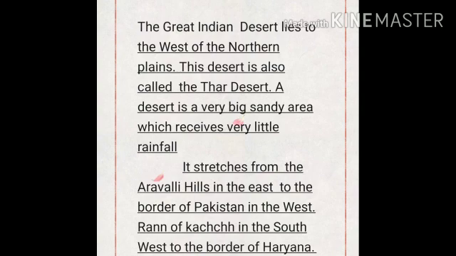Children, as I have shown you on the map, the Great Indian Desert is a very big sandy area which receives very little rainfall. It stretches from the Aravalli Hills in the east to the border of Pakistan in the west, and from the Rann of Kutch in the southwest to the border of Haryana.